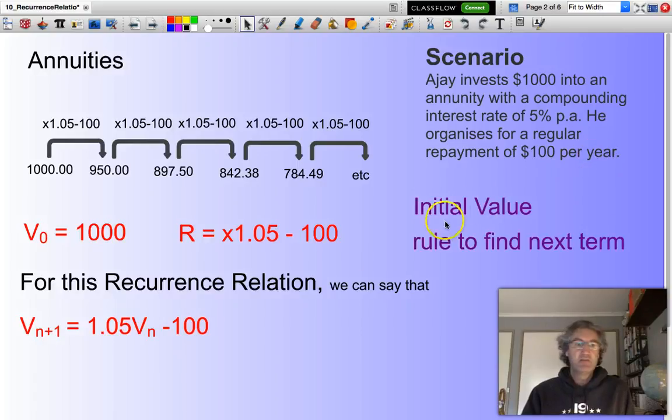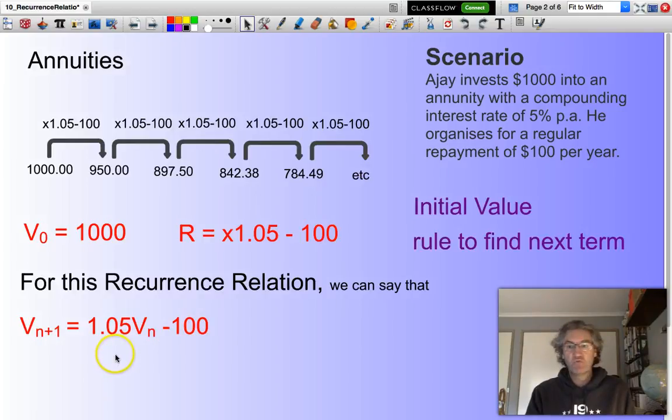You can follow the maths here, but basically he starts with 1,000 and then his annuity, or basically his money, will increase by 5%, but also decrease by the amount that he is repaid. And this pattern will go on and on, well, not forever, but until he has no money left in his annuity.